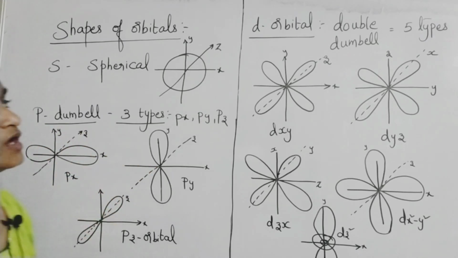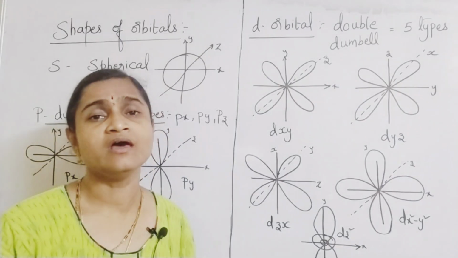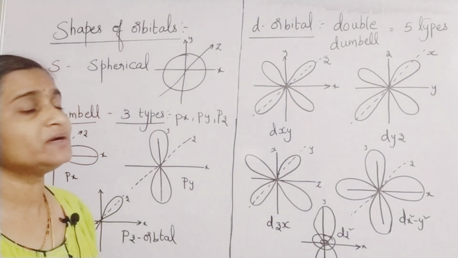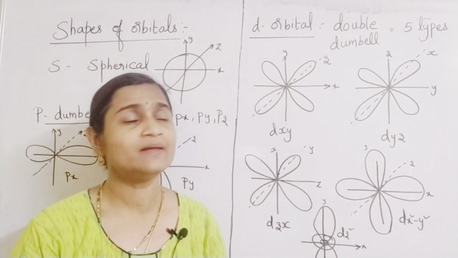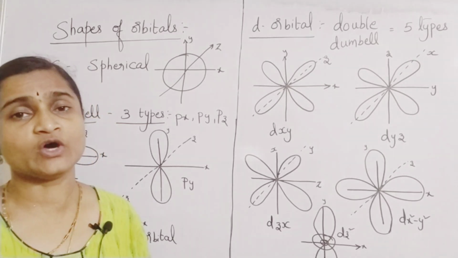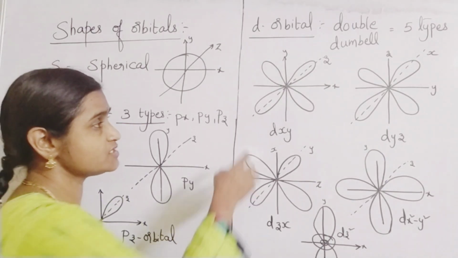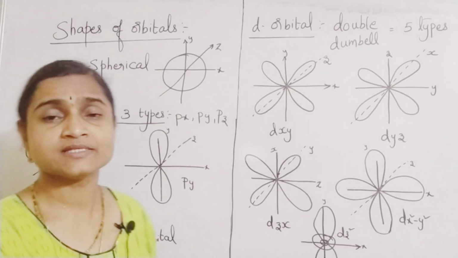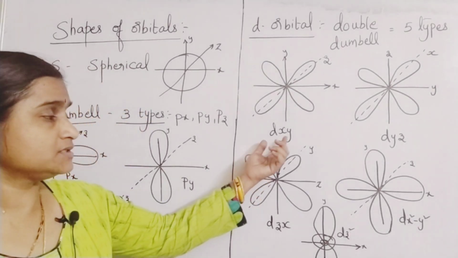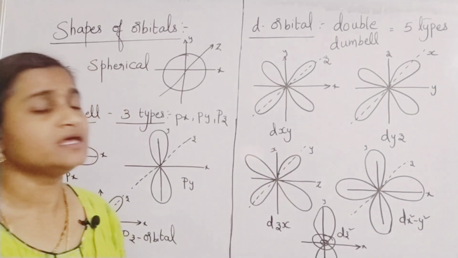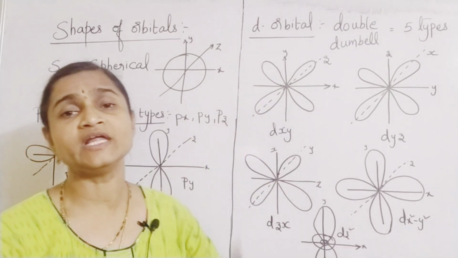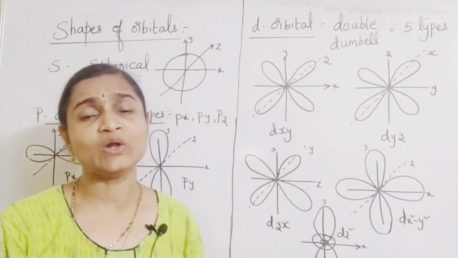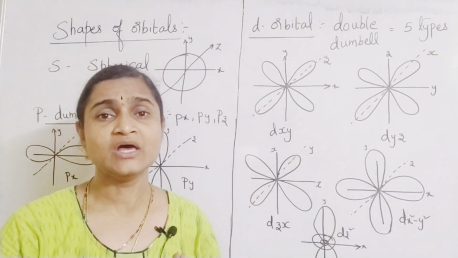Now coming to d orbitals. On this side I have drawn the d orbitals. The d orbital shape is double dumbbell, and there are 5 types of d orbitals. If you observe the structures of these 3, they look alike. The names are dxy, meaning the electron density is distributed along the plane of the x axis as well as the y axis.